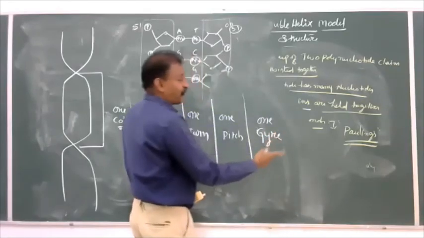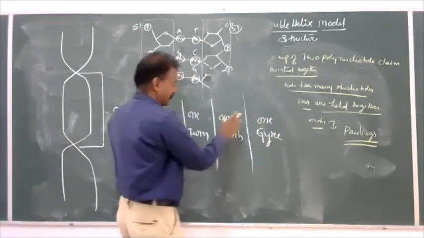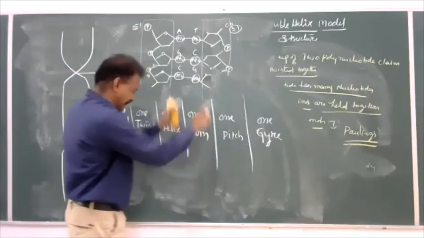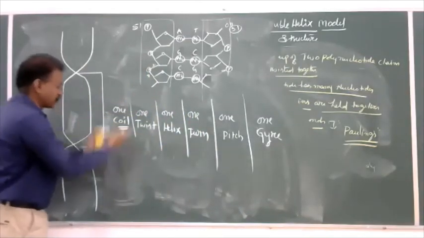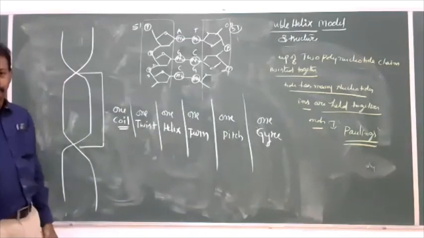Gyre means folding. One turn, helix, twist is equal to one coil.